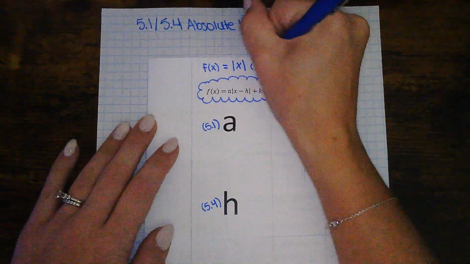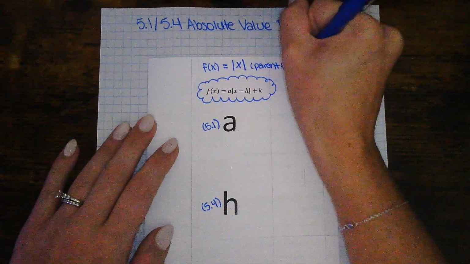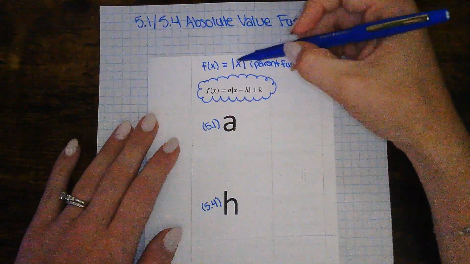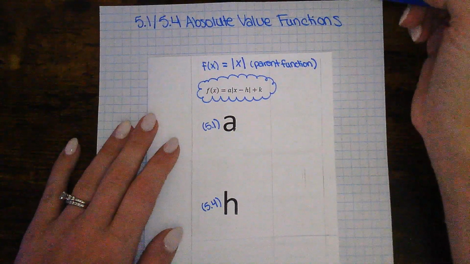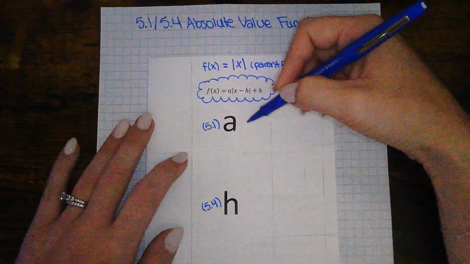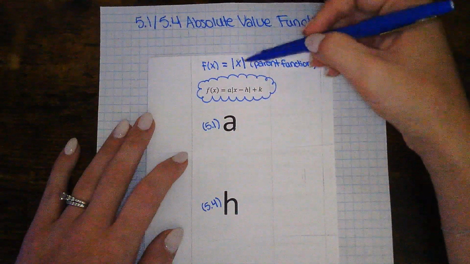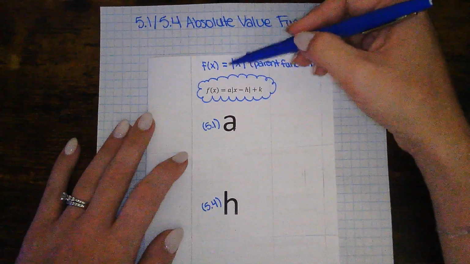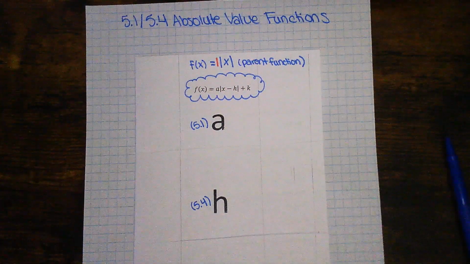This is called the parent function, which we have defined in our vocabulary. And it's basically the absolute value function without any transformations done to it. We are going to look at what changing a does to this function. In the parent function, the value of a is just 1, right? We could identify this invisible 1 here that would be multiplied by the absolute value of x.